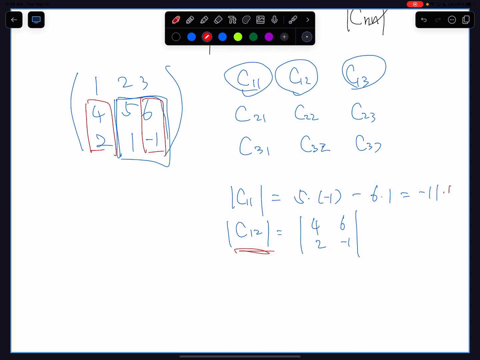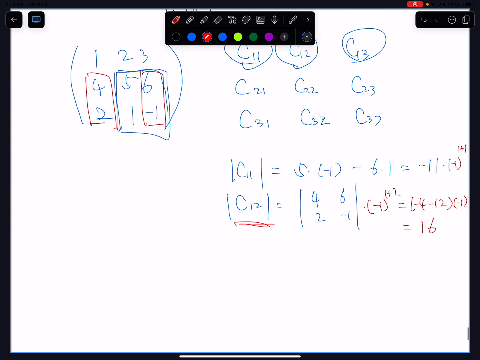Actually, I need to multiply by minus 1 to the power 1 plus 2. So that's minus 4 minus 12 times minus 1, which is 16.